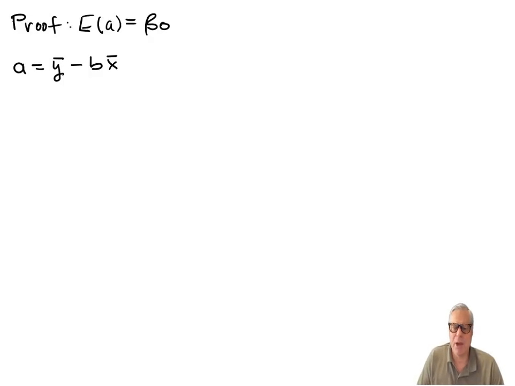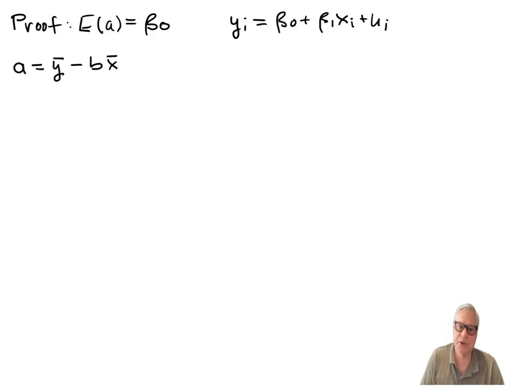So we somehow need to get into this equation the variation in y, and yi is beta 0 plus beta 1 times xi plus ui. So this is what we need to get into here.